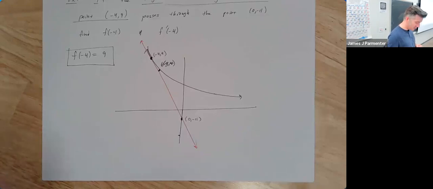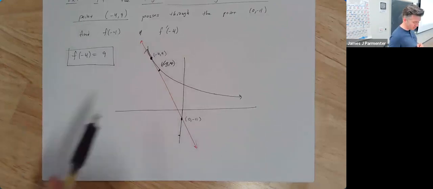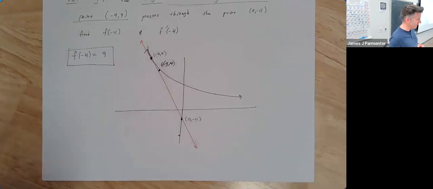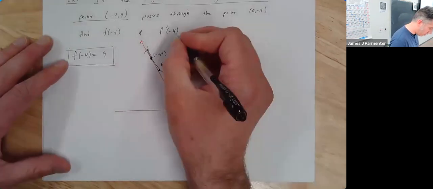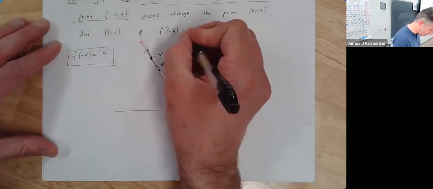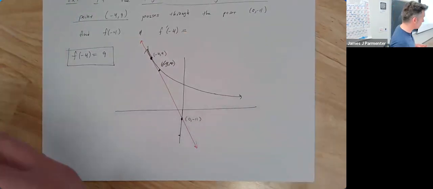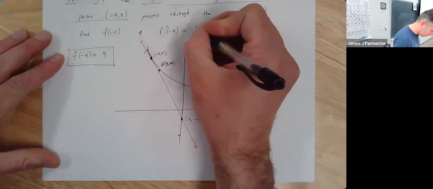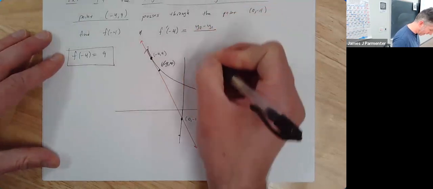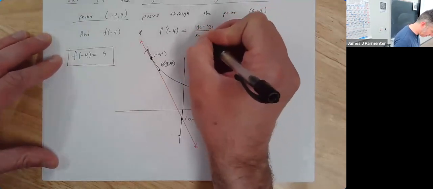Right. Can you find the slope of that line? Let me rephrase that question. Can you find the slope of that line that goes through the points (-4, 9) and (0, -11)? Oh yeah, we can find the slope using the slope formula. So the slope of this tangent line, which is equal to the derivative, is y2 minus y1 over x2 minus x1.